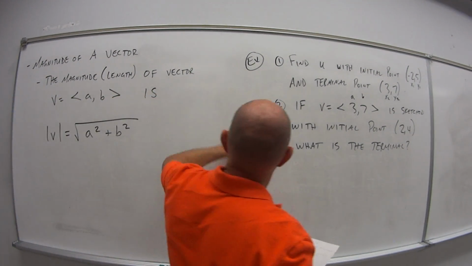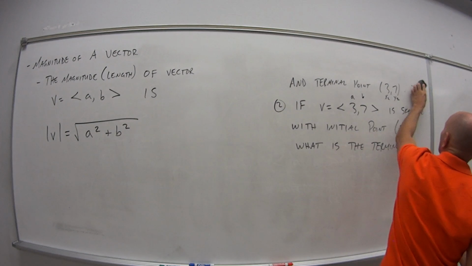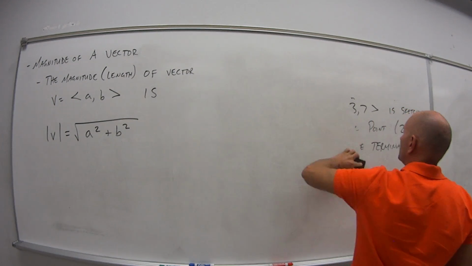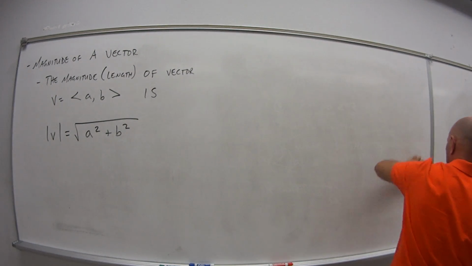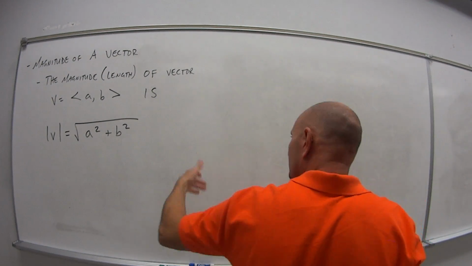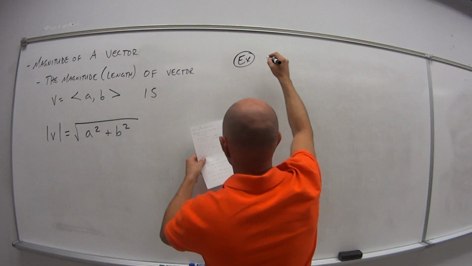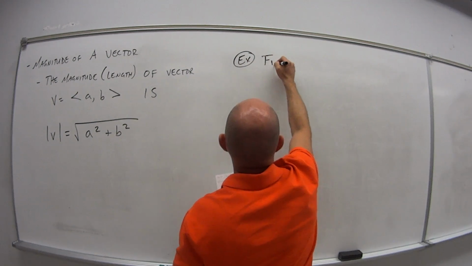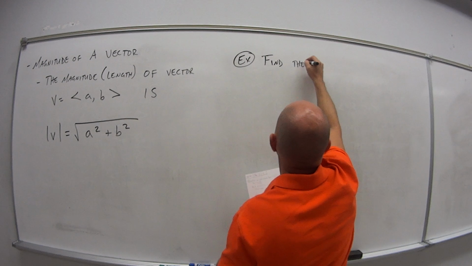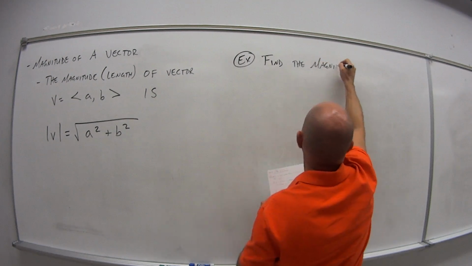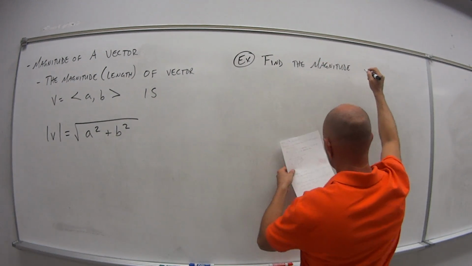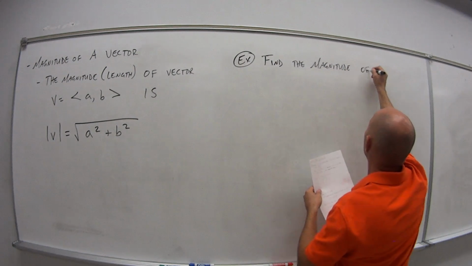So let's look at a quick example of that. Again, pretty straightforward, as much as we've been using the Pythagorean theorem this semester, but just to get the concept of how questions are worded and so forth, it'd be something like the following. Find the magnitude of the following vectors.